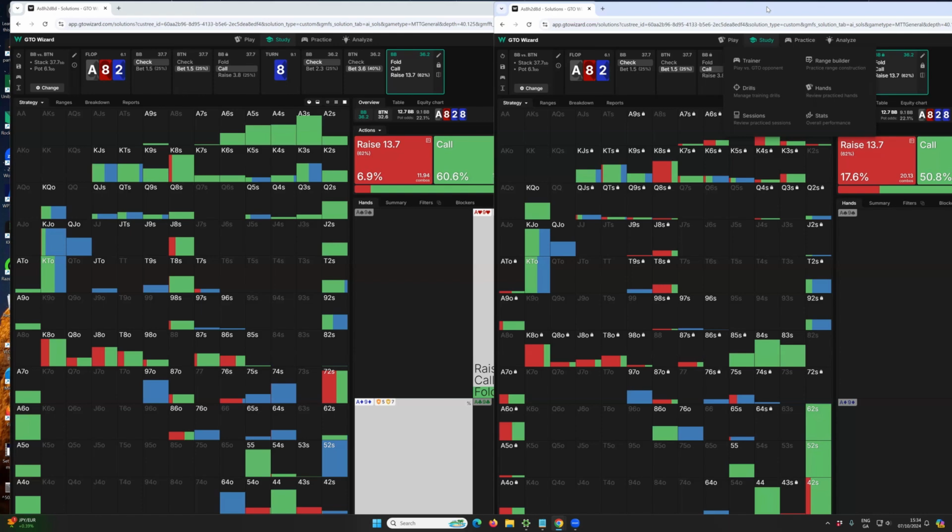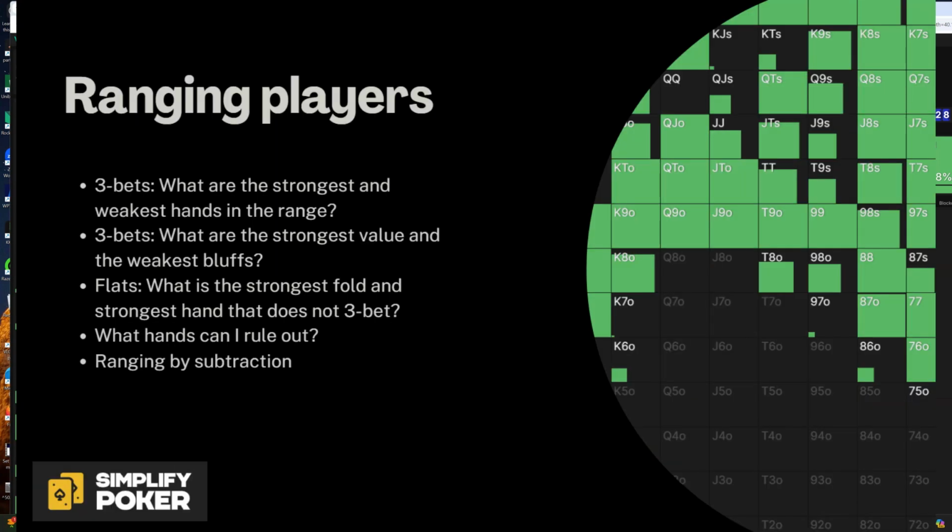Now coming back to the topic of this video, it's about putting players on a range. To summarize, we're not going to go any further with this hand. I think we've illustrated the main points. But to summarize, pre-flop, just think about the strongest hands you think are in the range and the weakest. So if a guy three bets, just think about the weakest hand that's in there.